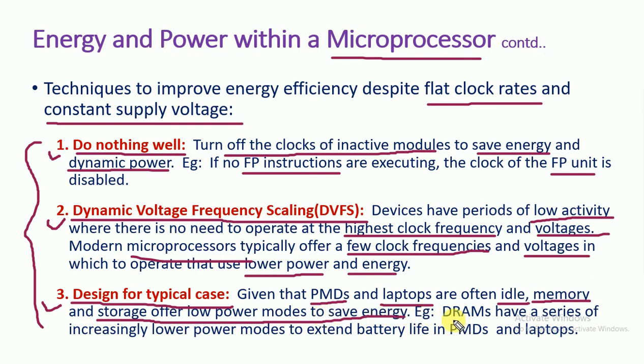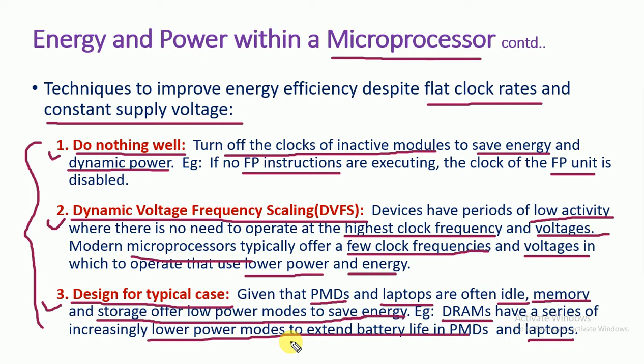Now for example, the dynamic RAMs that are used in these devices have a series of increasingly lower power modes to extend battery life in mobile devices and laptops. It is having lower power modes. As we know, the power mode can be set for saving energy, we can use various power modes.